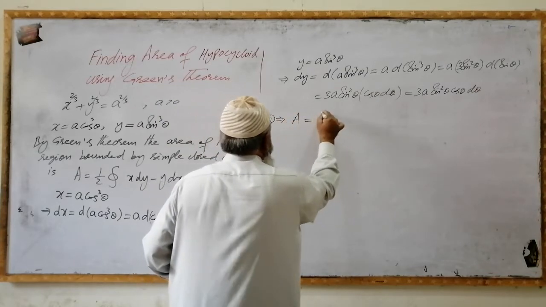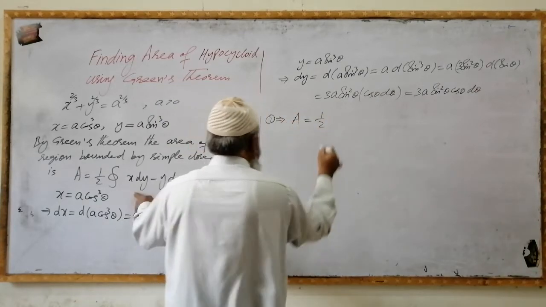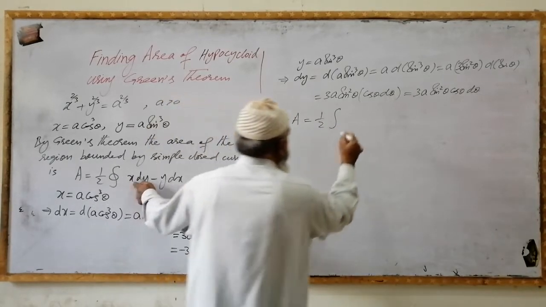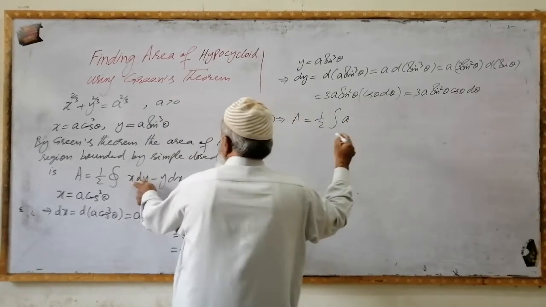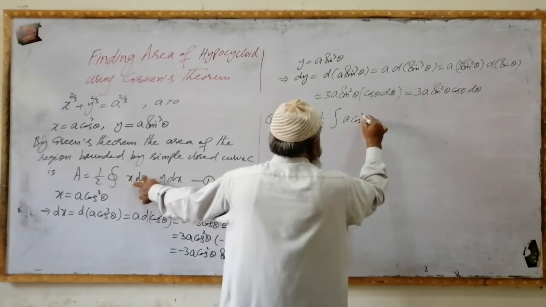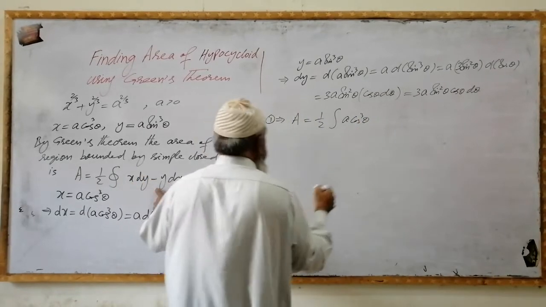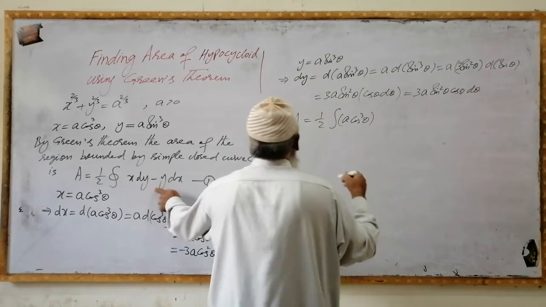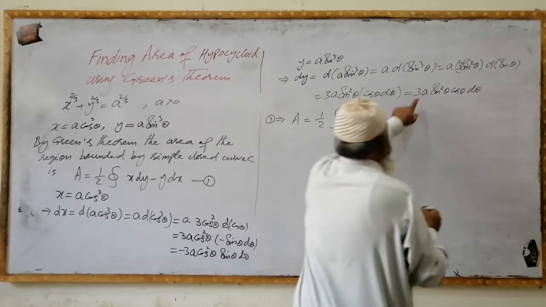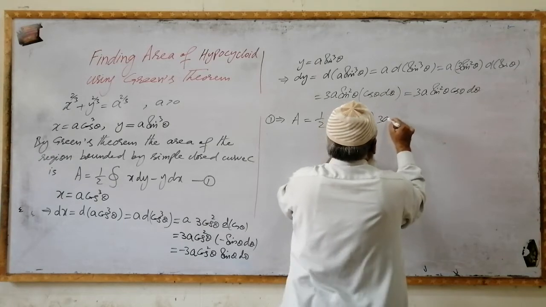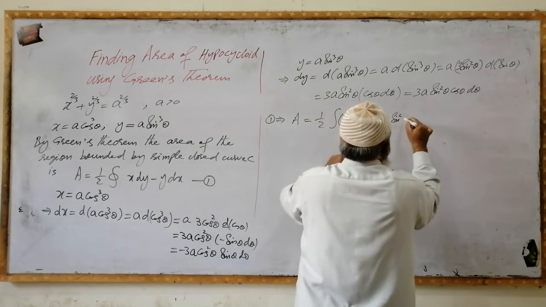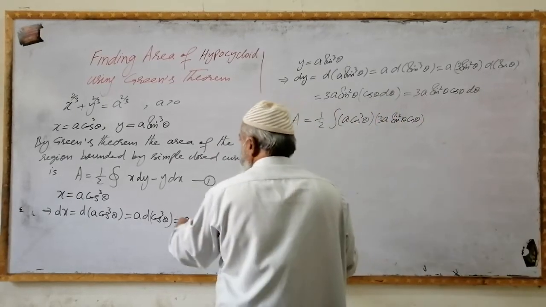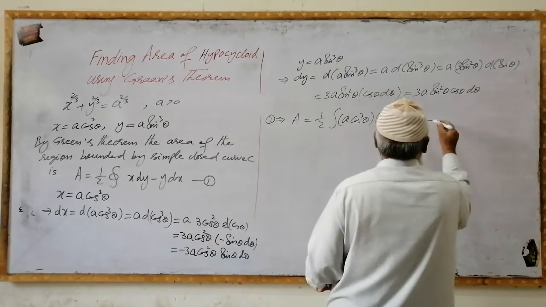Equation 1 gives A is equal to 1 by 2, and the value of x is a cos cube theta, this is the value of x, and value of dy. What is the value of dy here? The value of dy is 3a sin square theta cos theta, and then minus y.